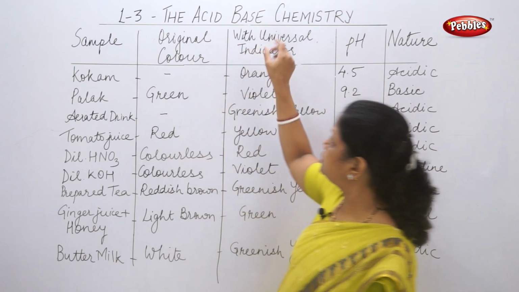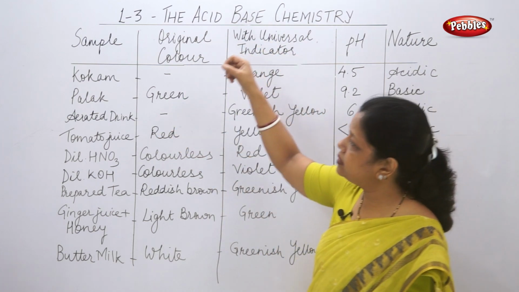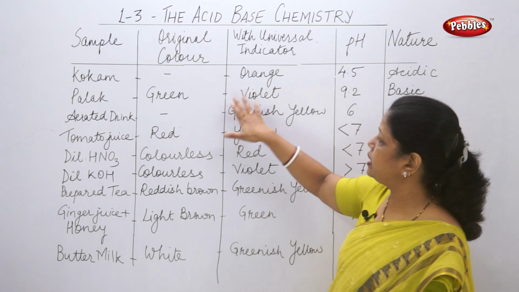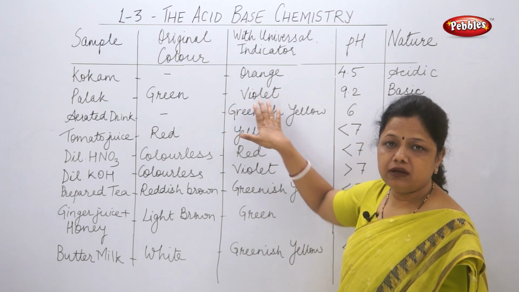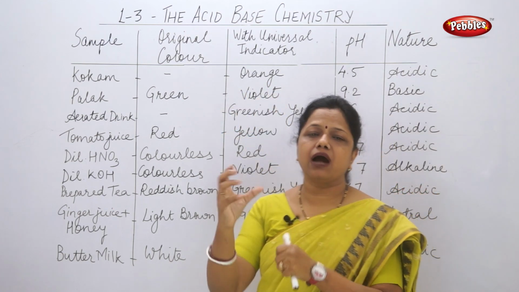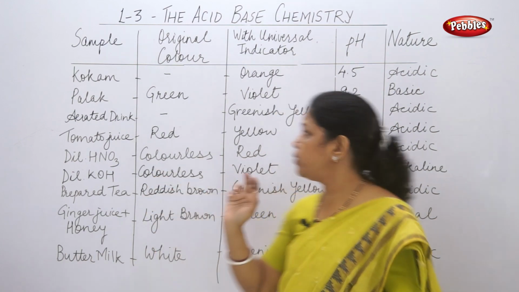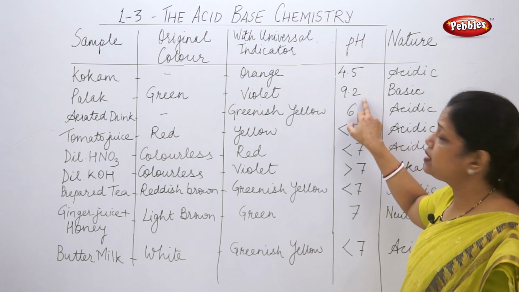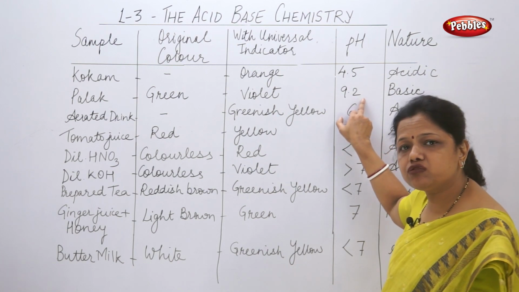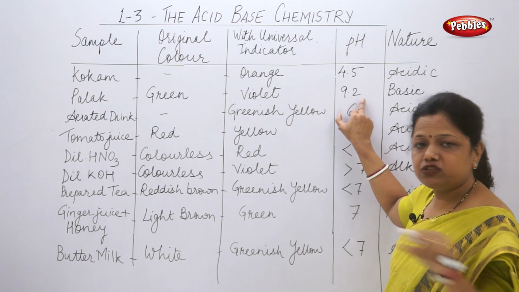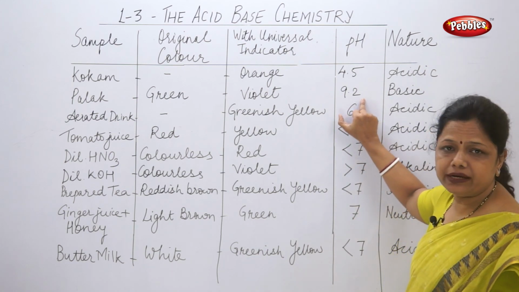Then when I put the universal indicator in that sample, it changes to violet in color. Now this violet color, more than dark blue, changes to a violetish color, not exactly dark violet. So the pH we can find out from the strip given to us along with the indicator.